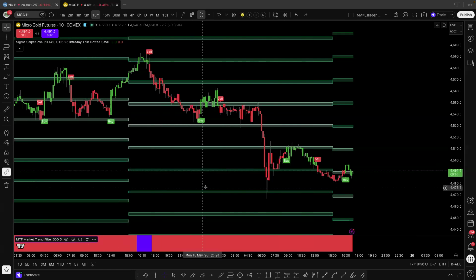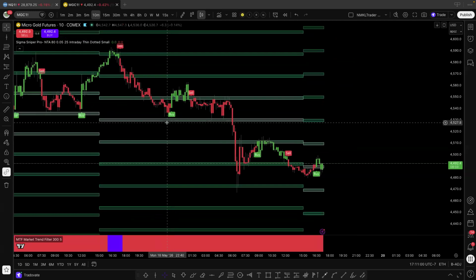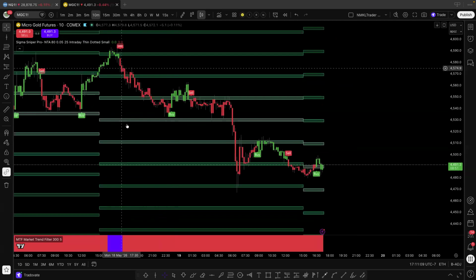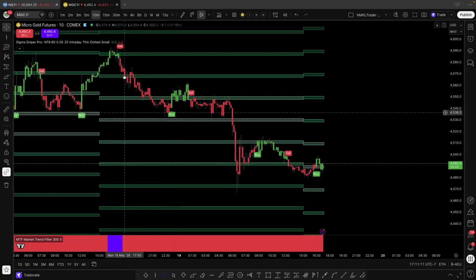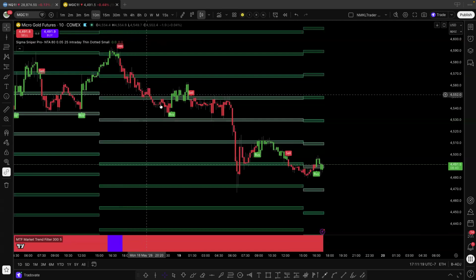Now, when I'm trading futures, I'll trade one micro contract, and I just trade if I get an alignment of a sell and the filter tells me to sell. Then of course I'm going to get in here and take this trade.